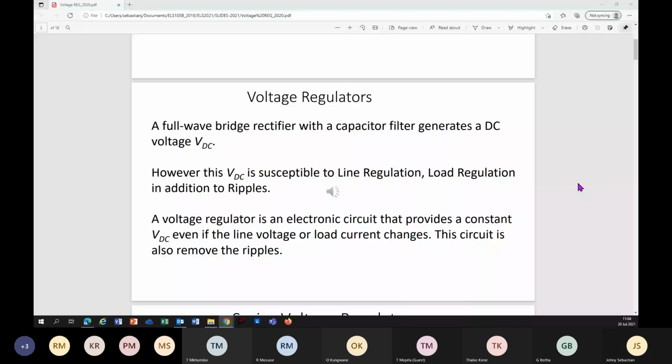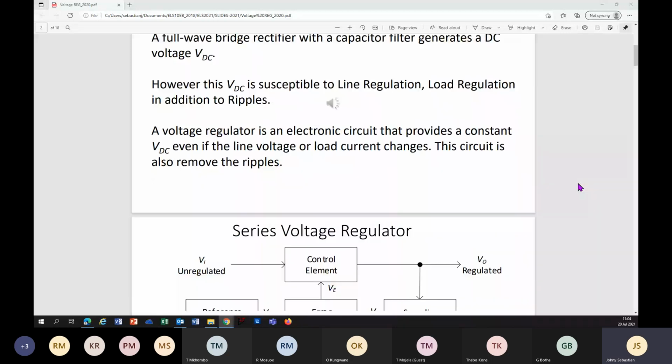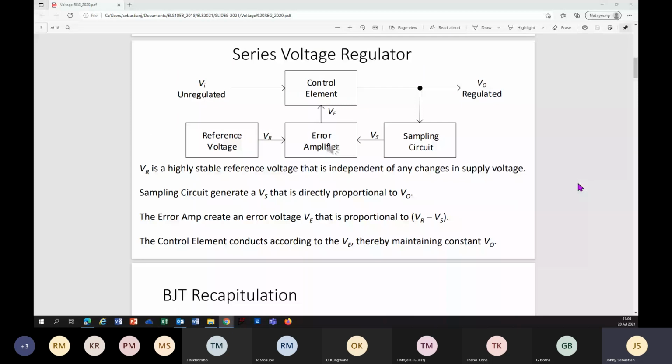Now, this is the last slide that we did under power supplies. So what do we have here? In a series voltage regulator, it's a block diagram representation. The direction of the arrow indicates direction of the signal flow.